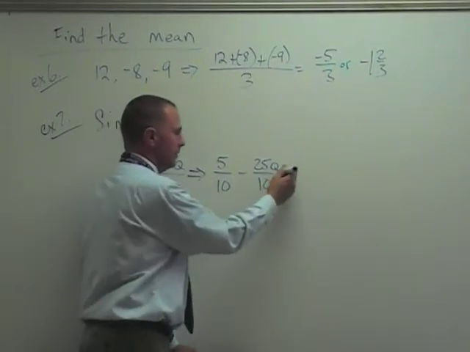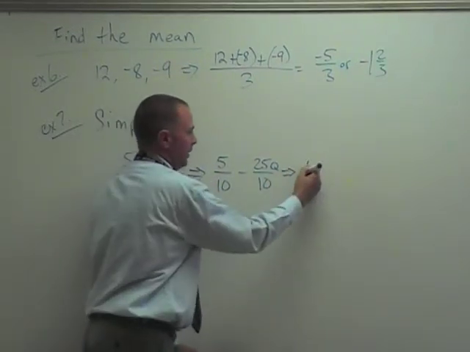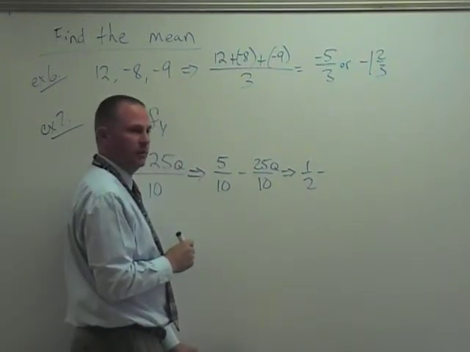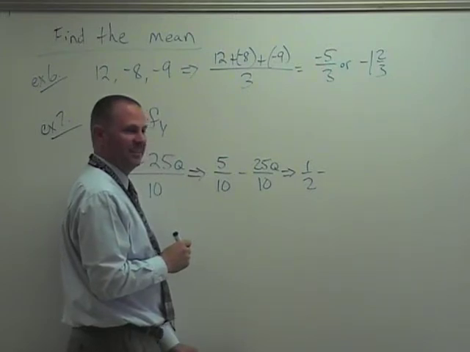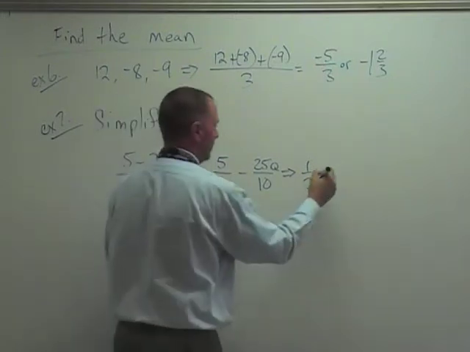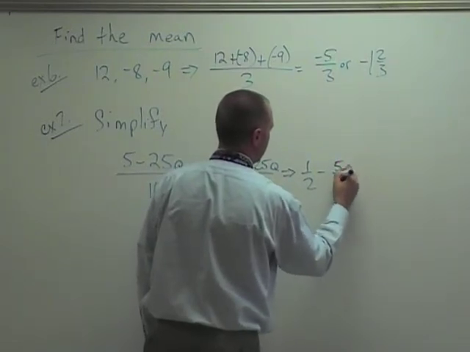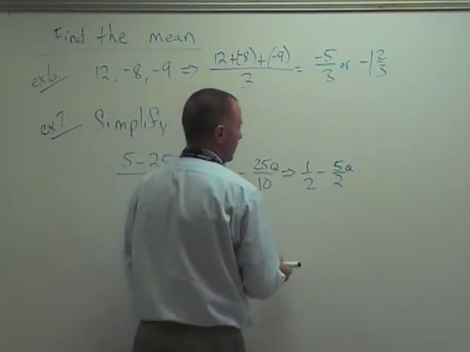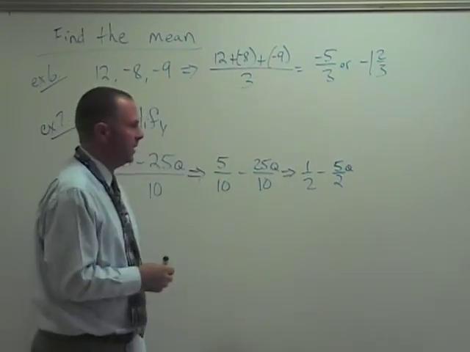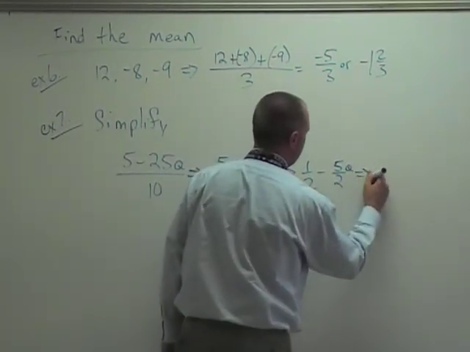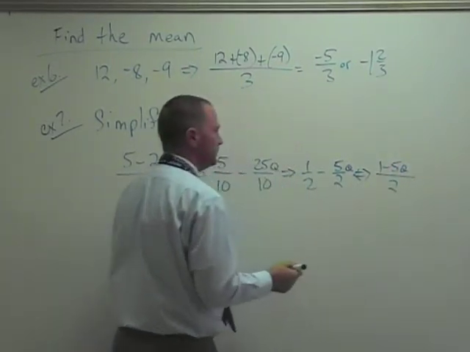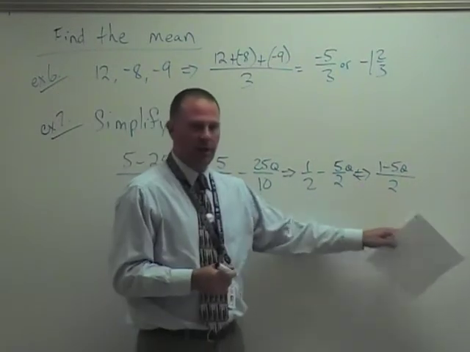What's 5 over 10? 1/2. It's 25 over 10. Okay. 5q over 2 or 5/2 q. Doesn't matter. Okay? And that would be okay. You could also write it like this. 1 minus 5q all over 2.